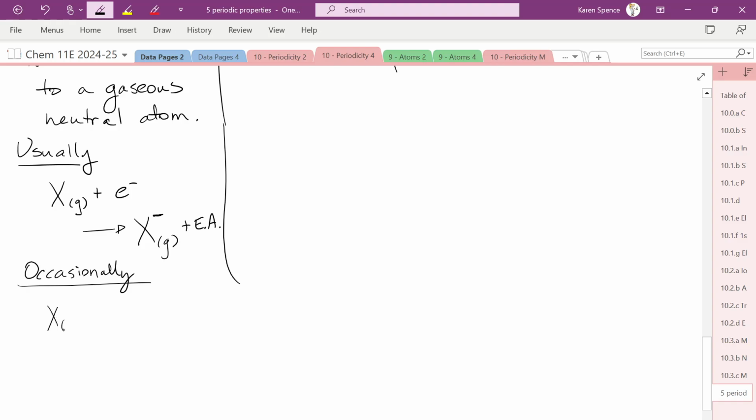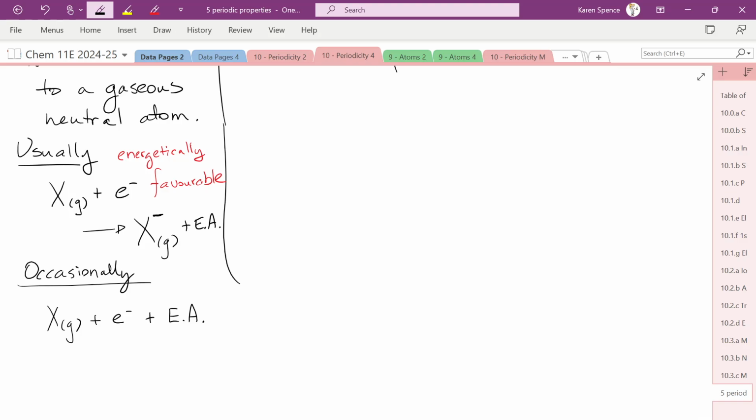Occasionally, this means this is energetically favorable. Yeah, things want to go to a lower potential energy. They want to release energy. But every once in a while, depending on who we're talking about, we might have to add the electron affinity and put energy in order to get that electron to go in.